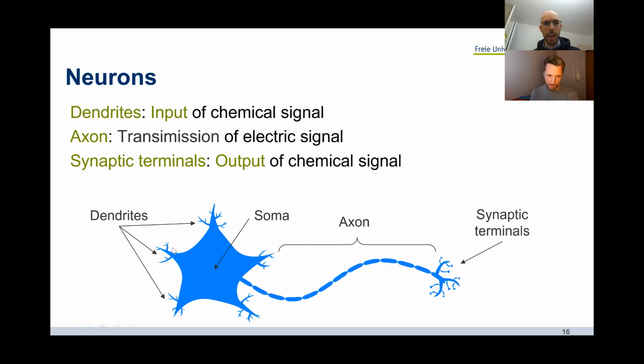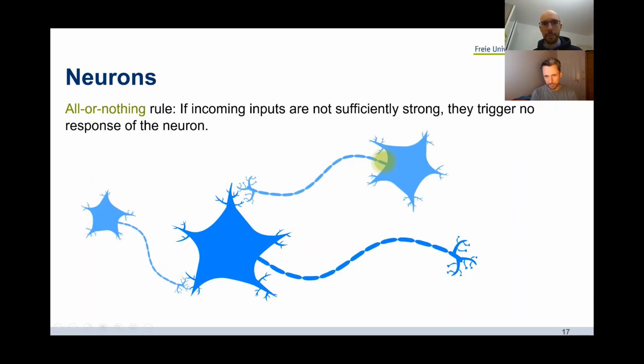You have the dendrites, which are connected to the terminals of other neurons and get an input as a chemical signal. Then we have synaptic terminals, which are connected to the dendrites of other cells and produce an output chemical signal, and we have a transmission over the axon using an electrical signal.